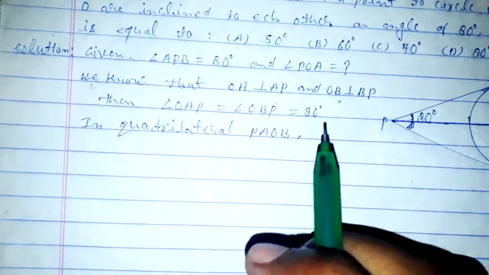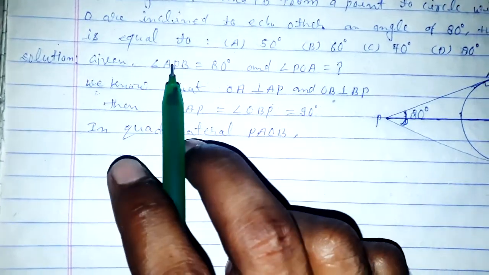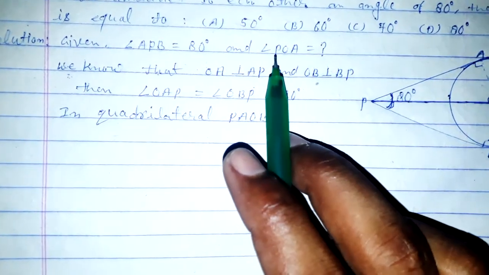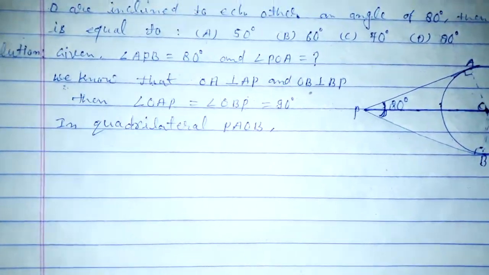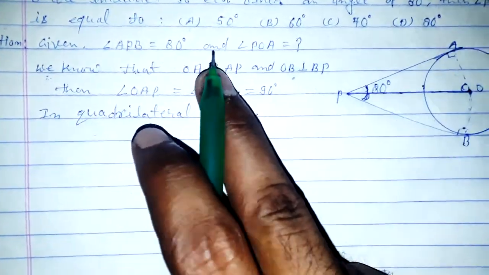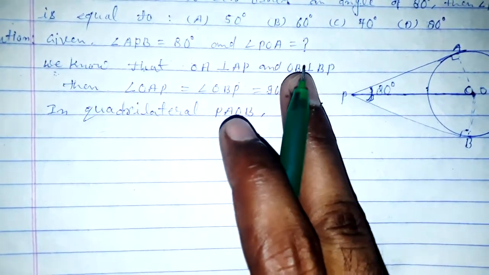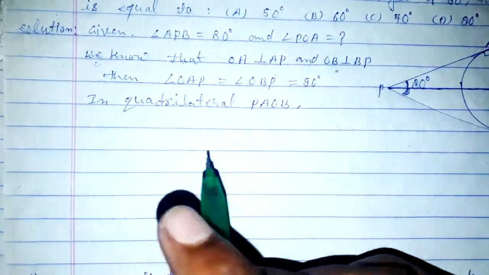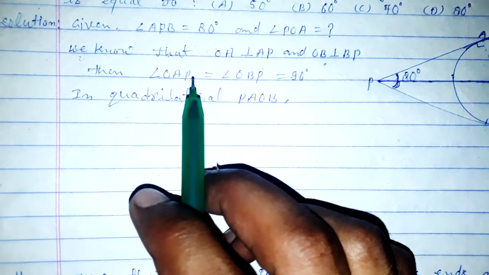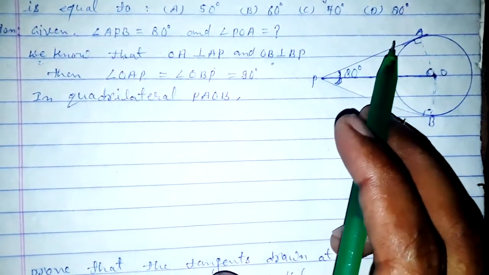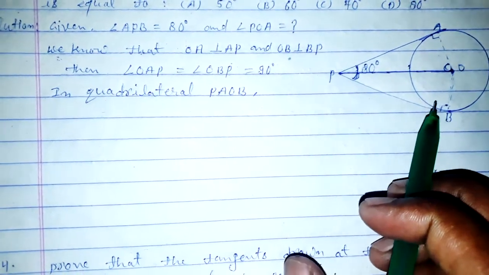Given angle APB is 80 degrees, we know that OA is perpendicular to AP and OB is perpendicular to BP, so angle OAP is equal to angle OBP is equal to 90 degrees.